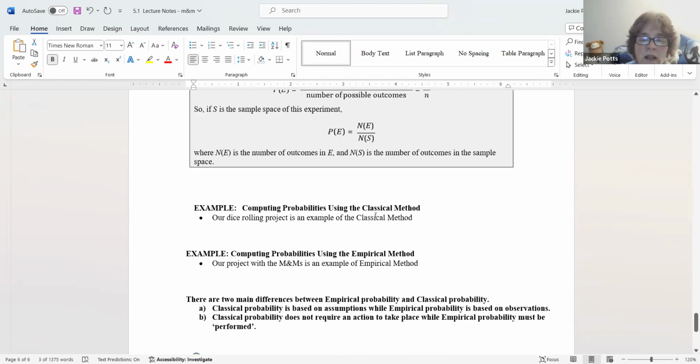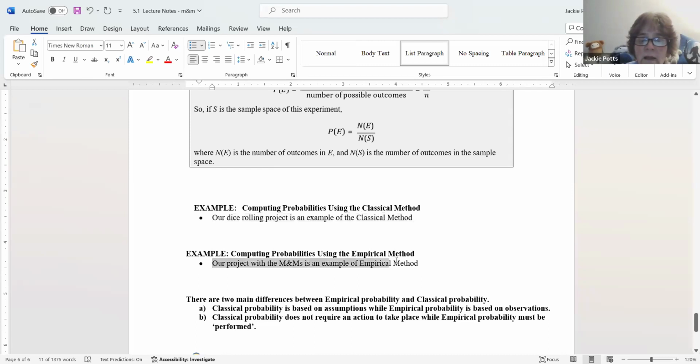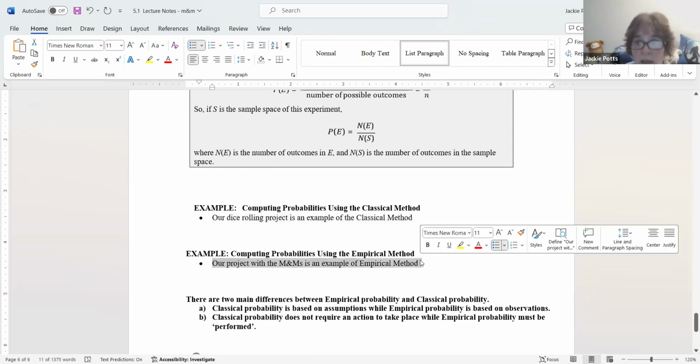Computing probabilities using the classical method would be the dice rolling, but the empirical method is the M&Ms. We've already done both of those. Understand they're real close, because when we actually calculate, there's no real difference.